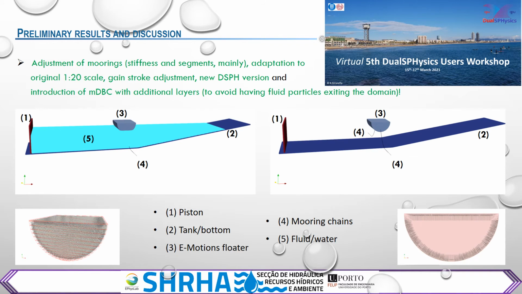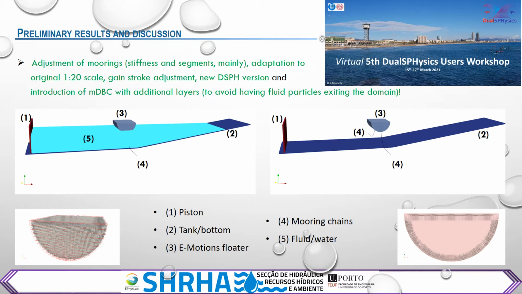So we took measures. What did we do? We checked the moorings to make sure that everything was correct. We adapted back to the original 120 scale. We introduced gain stroke. We also introduced the dynamic boundary conditions with the new DualSPHysics version. And this was done, as you can see, successfully.